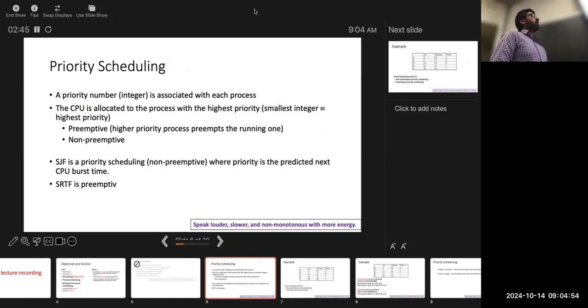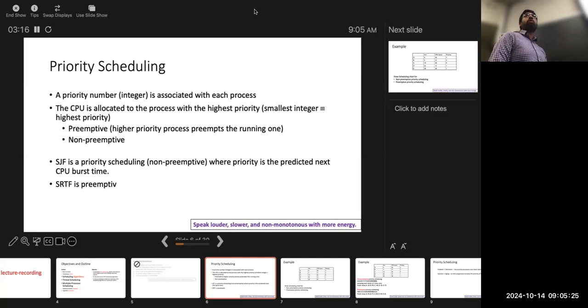And then we said there are two different variants. One is preemptive, one is non-preemptive. The basic difference is that if process A is already running on the CPU with priority, let's say X, and in the meantime another process B becomes ready, which has priority Y. Now, in the non-preemptive one, we let process A complete its execution, and then we make another scheduling decision when process A is done.